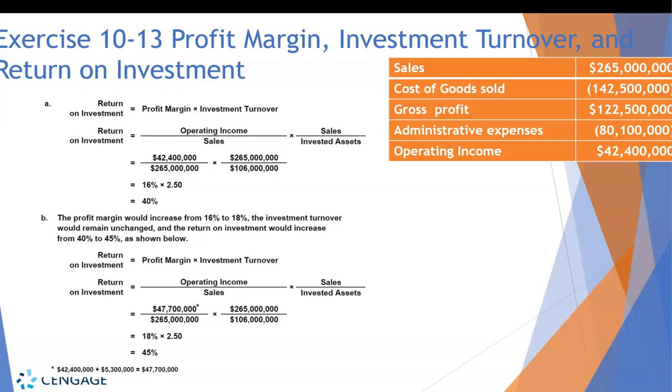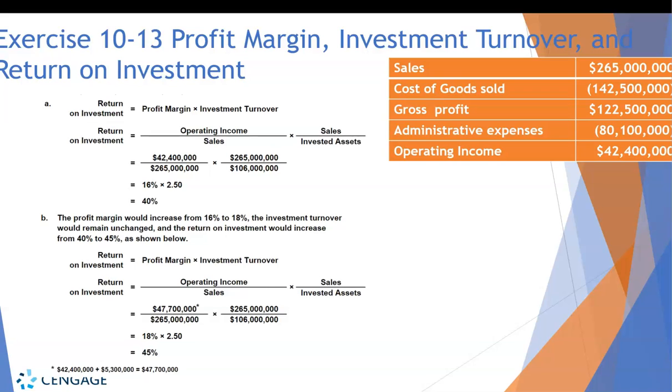We've got our sales of $265 million divided by our invested assets of $106 million, which gives us an investment turnover of 2.5. If we take our 16% times our 2.5, we get a return on investment here of 40%.